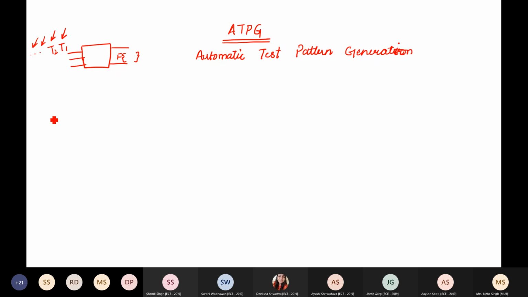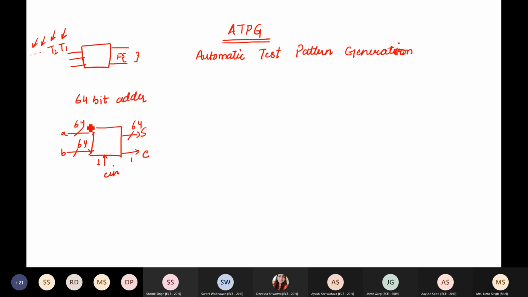Because if I say that I have an adder circuit or a 64-bit adder, then ये 64 lines हो गई for A, this is 64 lines for B and 1 line for C in. I'll get some output for sum and carry. This is again 64-bit, this is 1 bit. So what are the possible number of test vectors that I can have?